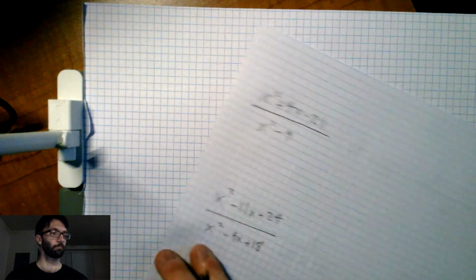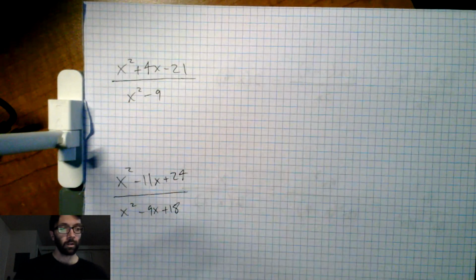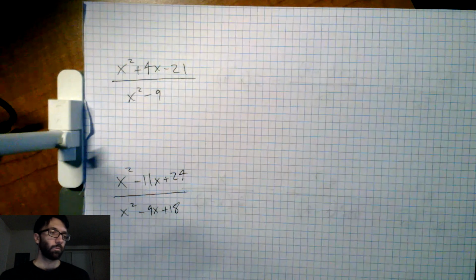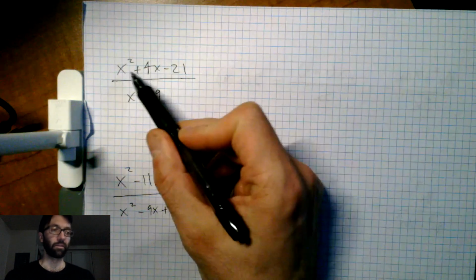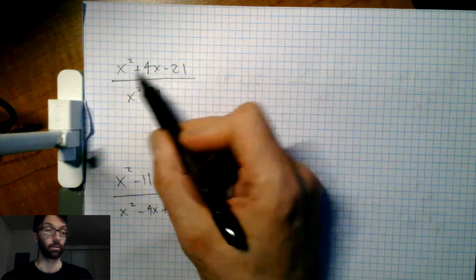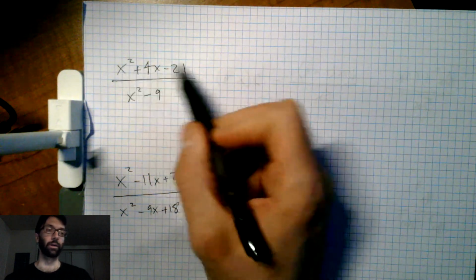Now for these, again, it's always nice to look for a GCF first, but there is no greatest common factor between these three terms in the numerator.